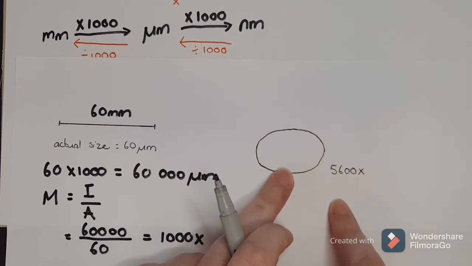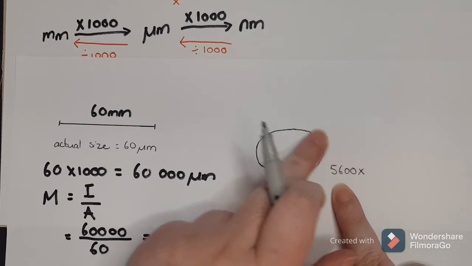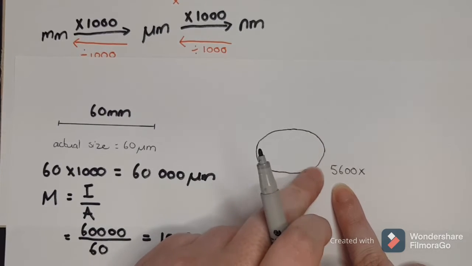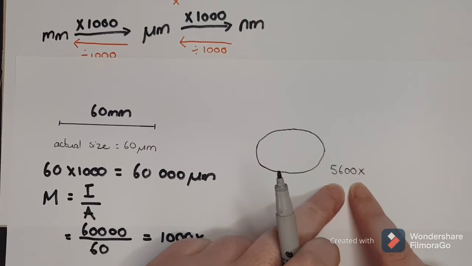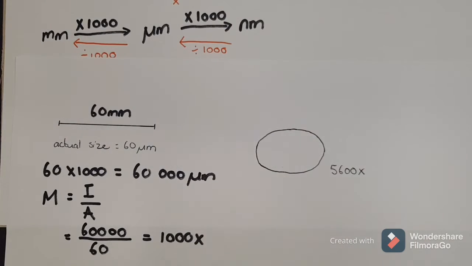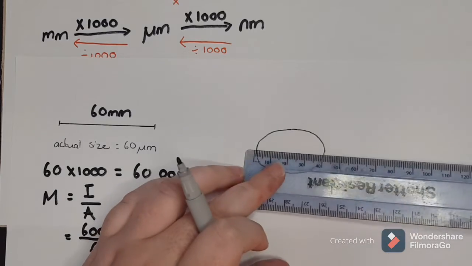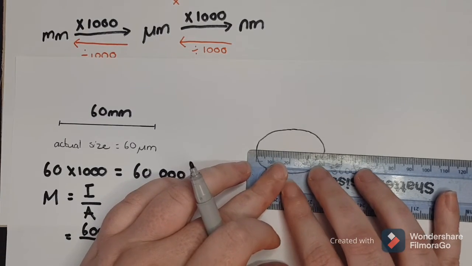If I look at a different one over here, now I have an image, and instead of being told what the actual size is, I'm told that it's magnified 5,600 times. So again, the first thing I want to do is measure directly across.